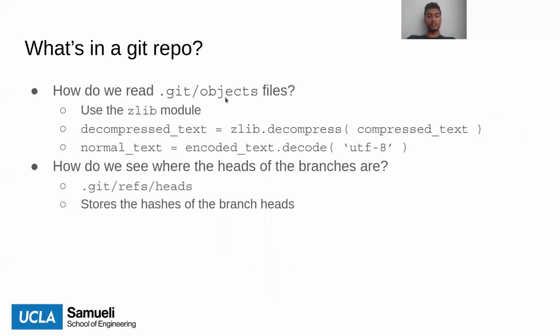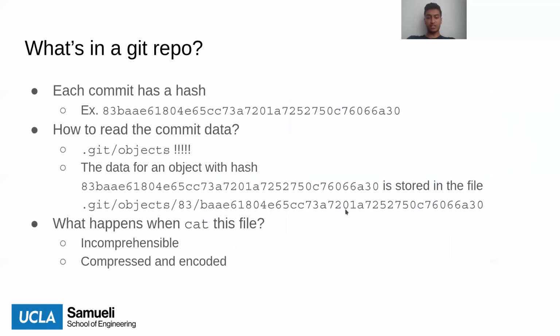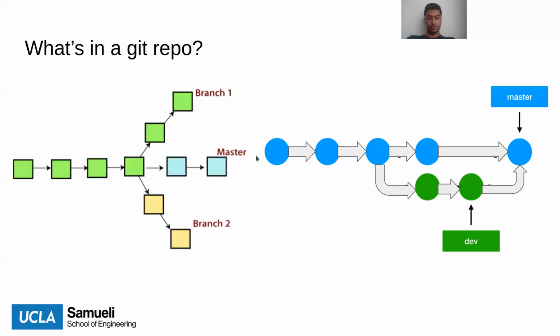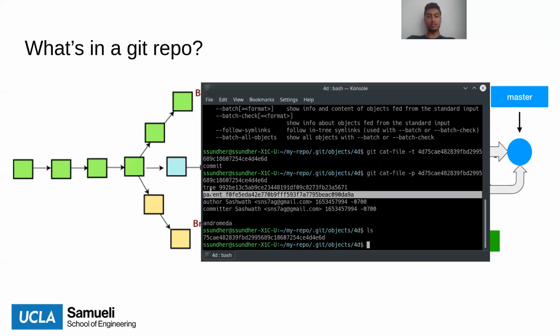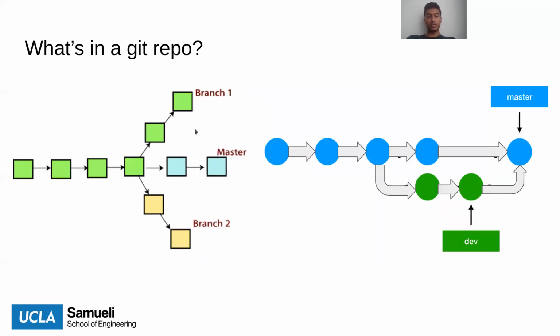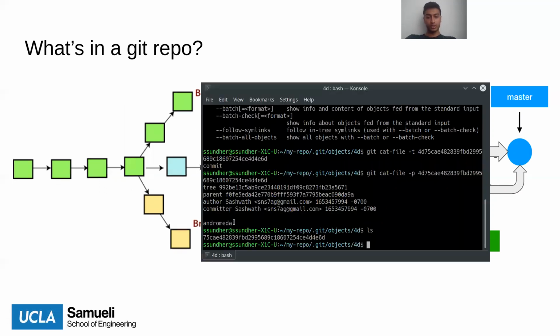Well, the first thing is we want to look at where the heads of the branches are, because if we have the heads of the branches and can look at this data, then we can just find the parent. If you remember, the parent is in the commit file data. And if we have this data, we can find the parent over and over again and eventually recreate the whole graph.